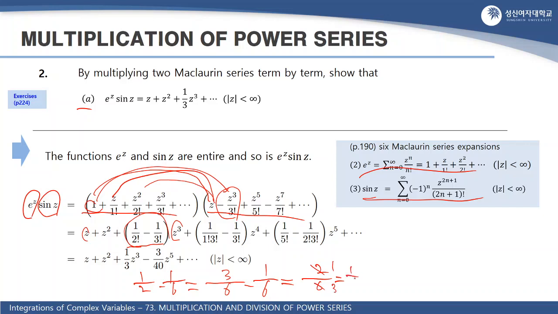Then we get this 1 over 3 here. And like this, we can compute every coefficient for other powers. Then we get this, which validity of condition, we get this, because these functions are entire.